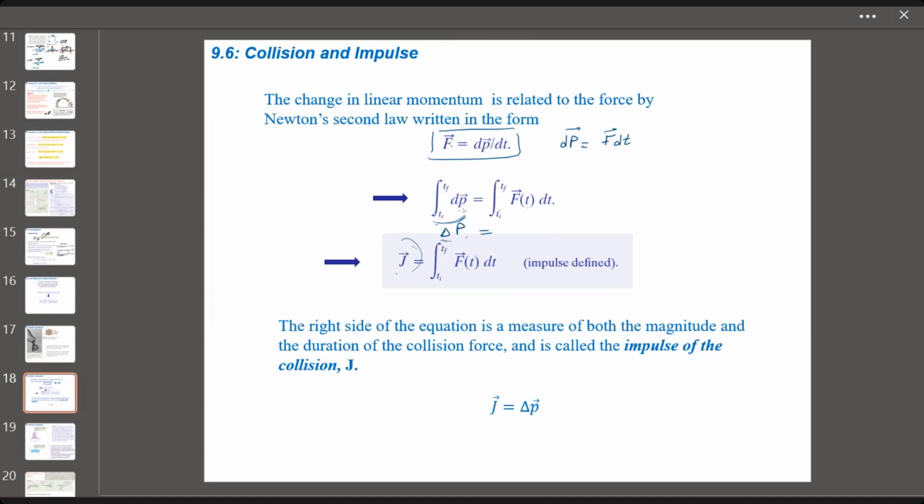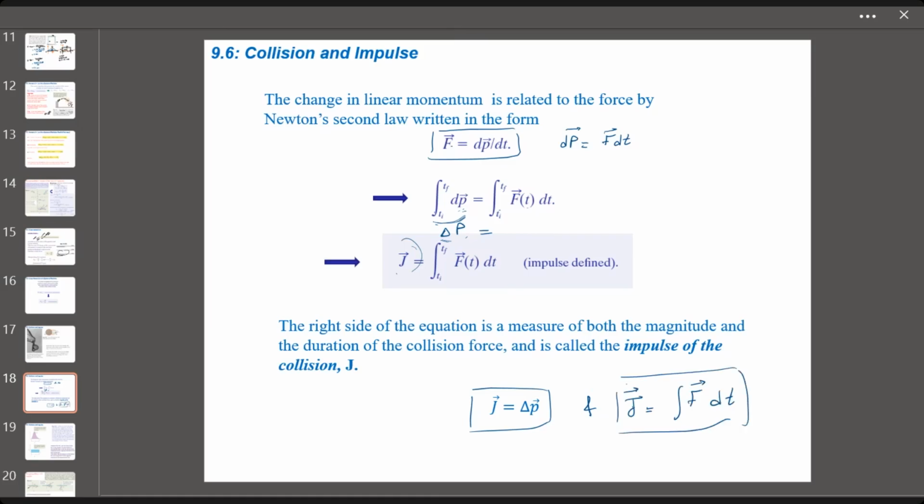This impulse of collision J is none other than the change in linear momentum, by the way. So it's equal to delta P, and by Newton's second law, J will be equal to the integral of F dt as well. So you can solve it using either method.